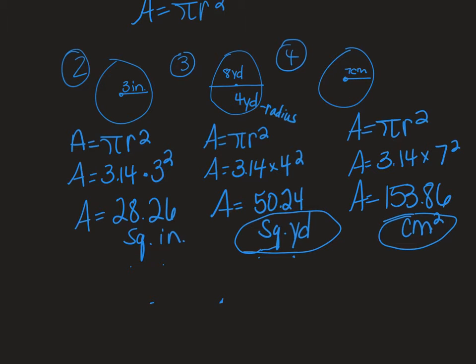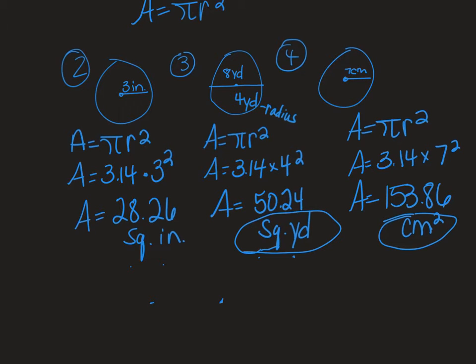When you're using metric measurements like meters, centimeters, what else are metric measurements? Millimeters, those type of things. Millimeter squared, centimeter squared, meter squared, those type of things. Okay? Anybody have questions on these three?